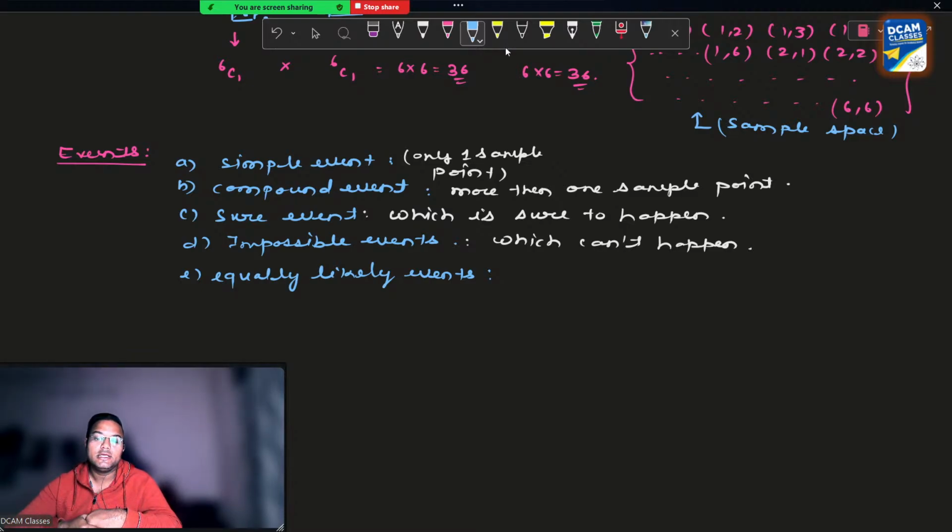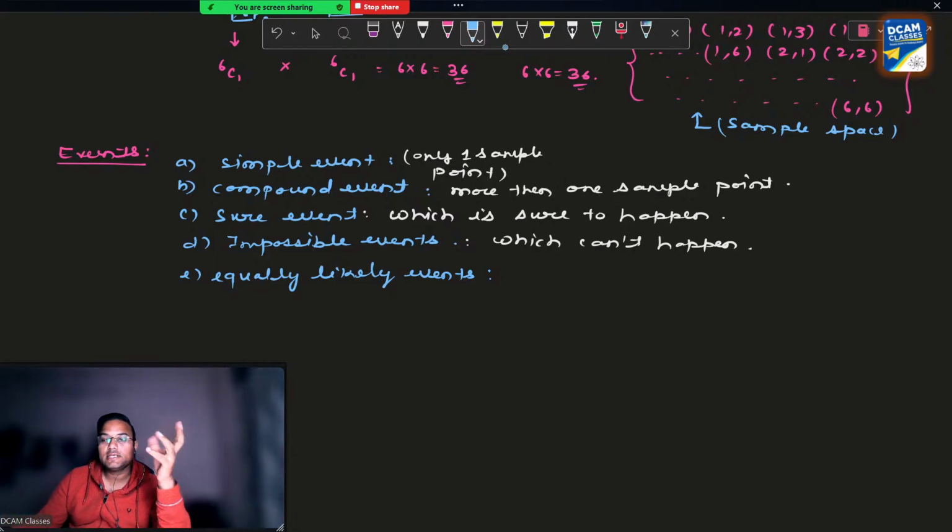So these are equally likely events. Any event can occur, and nothing is less or more than the others.